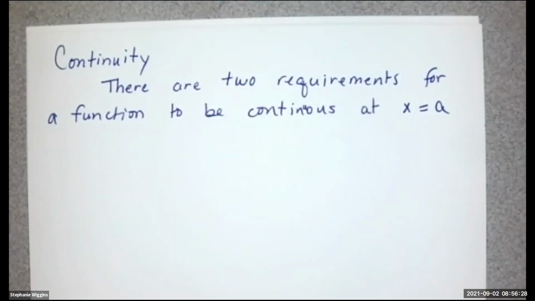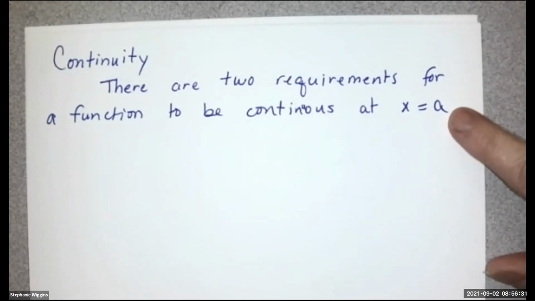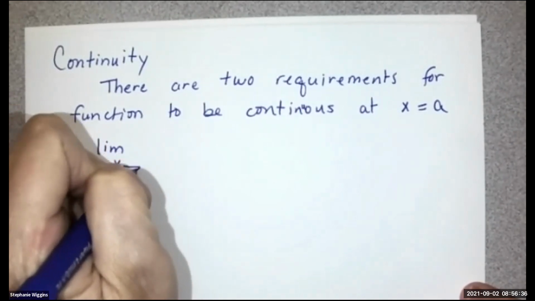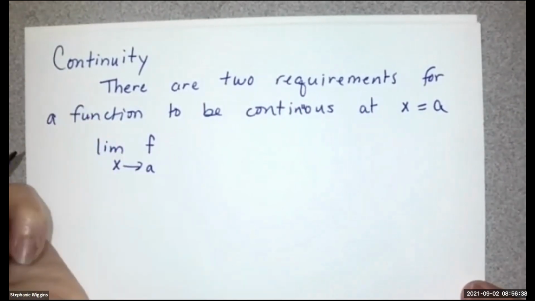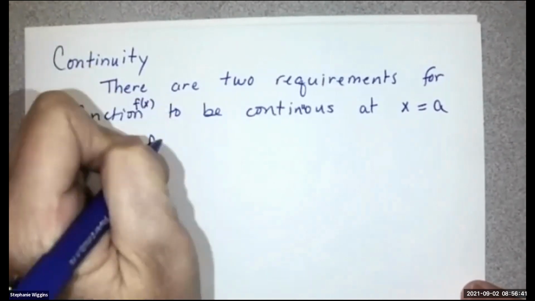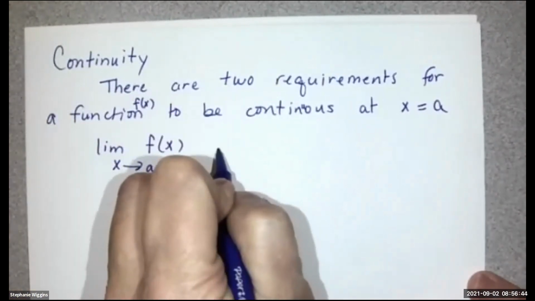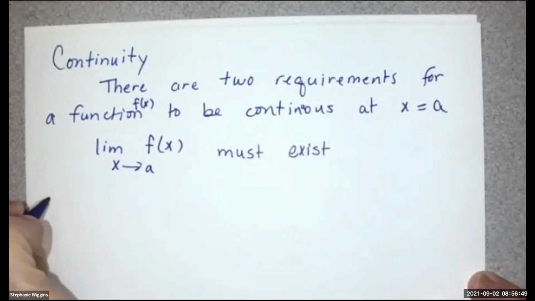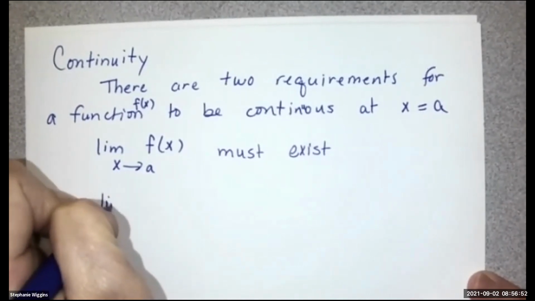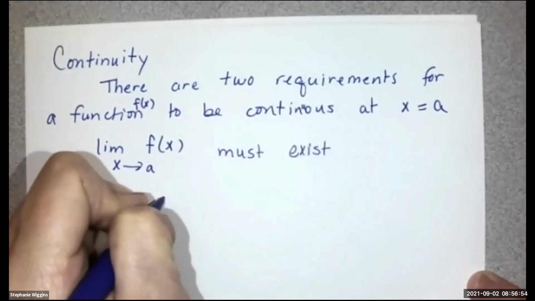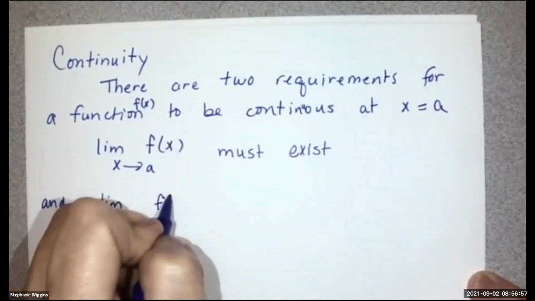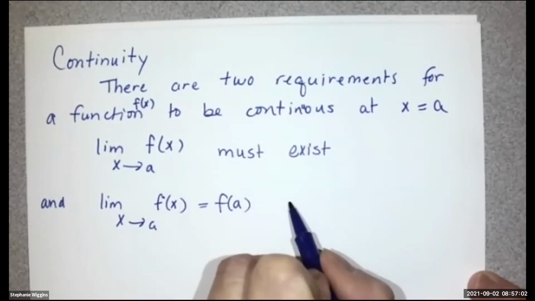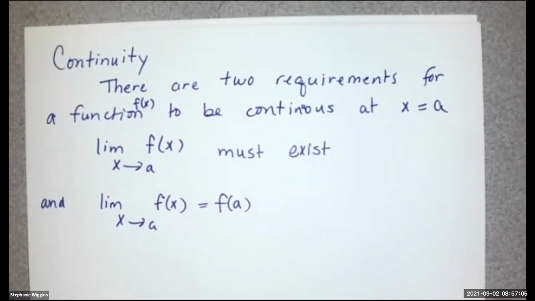Okay, in our example, a is 3, but we're just talking about in general for any number a. First, the limit as x approaches a of your function, we'll call it f of x, must exist. Okay, and the limit as x approaches a of f of x must equal f of a.